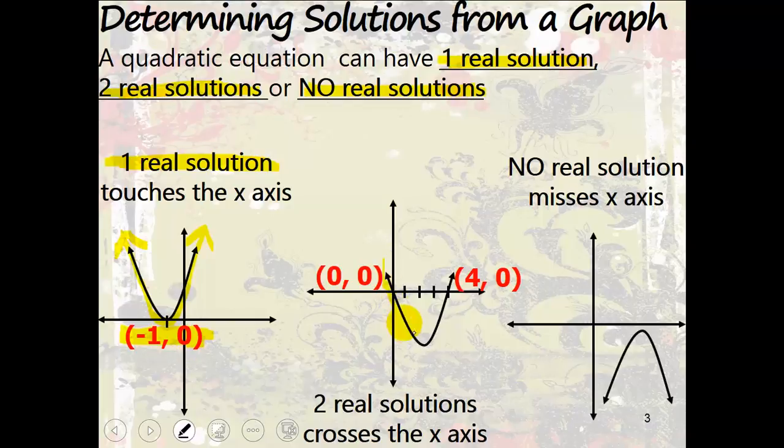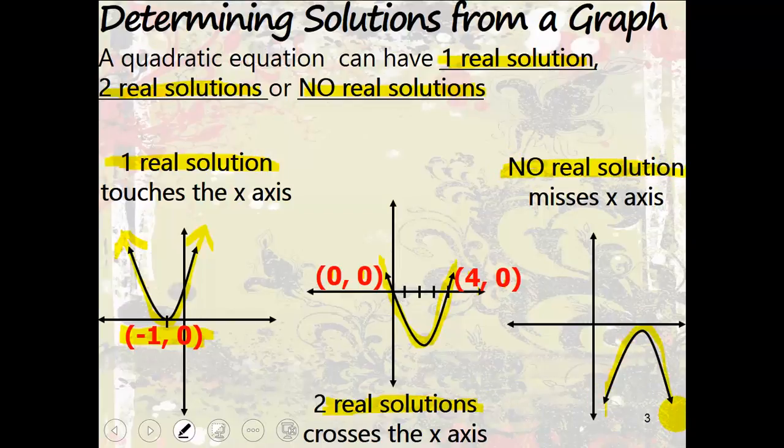This graph has two solutions. It crosses at 0, 0, that's a solution, and 4, 0, that's a solution. Two real solutions. And then we have no real solutions. That means it misses the x-axis entirely.